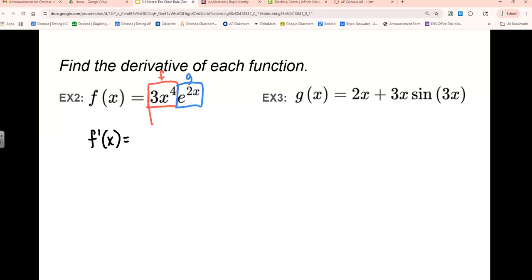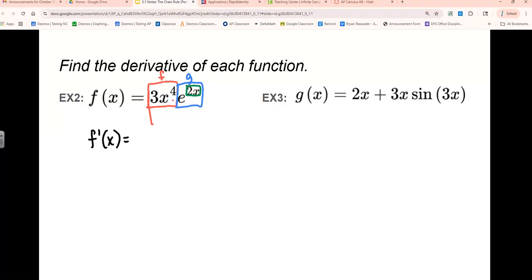All right, so if I'm using product rule here, I do need to be alert. Which one of these has got a chain rule inside of it? That e to the 2x. It's a tiny chain rule. It's so easy to miss because it's just little, right?